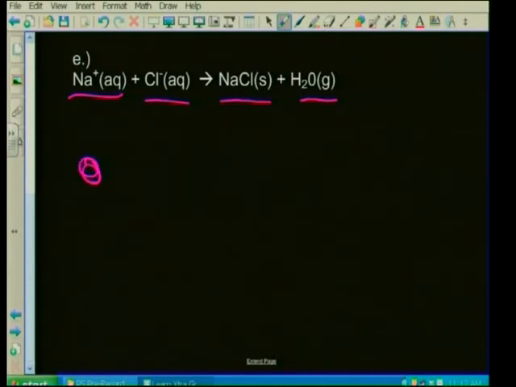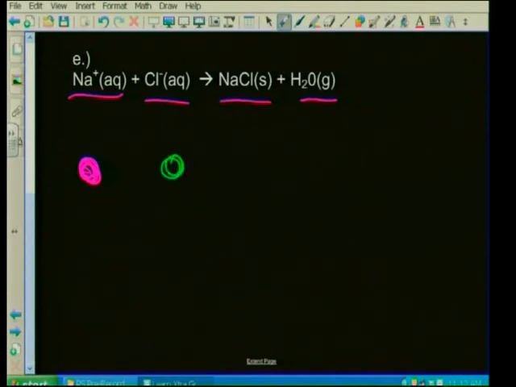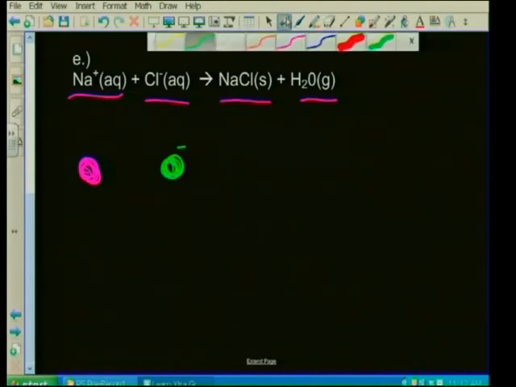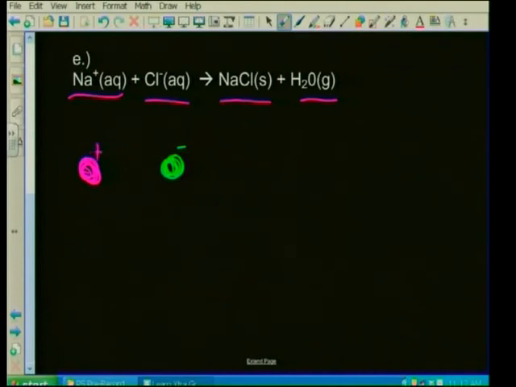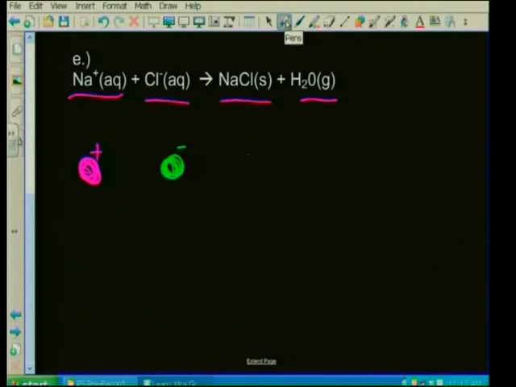So let's use that as the positive, and let's use a different color as the negative. We're going to just put a little negative there. We're going to put a little positive over here. And what we're recognizing is that they have joined together to form a different structure.